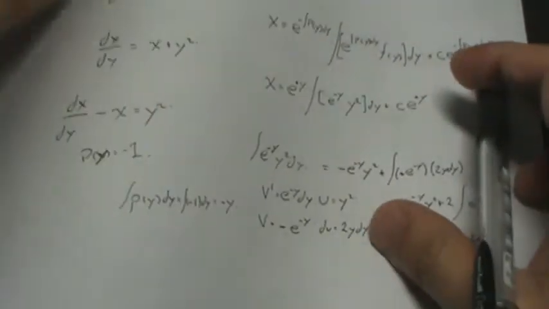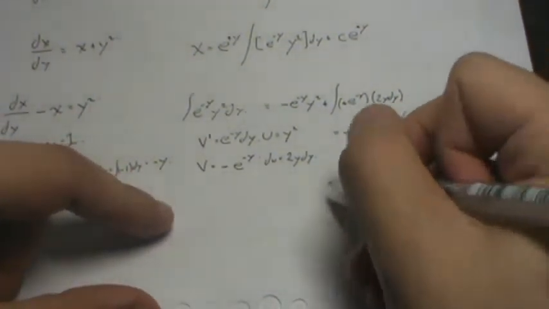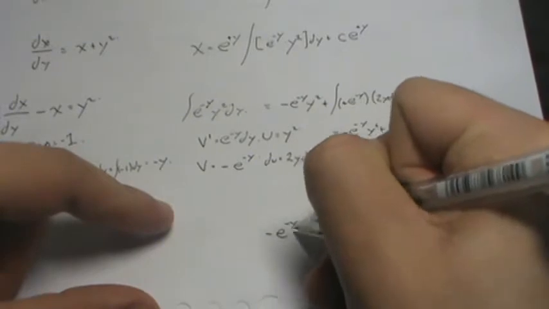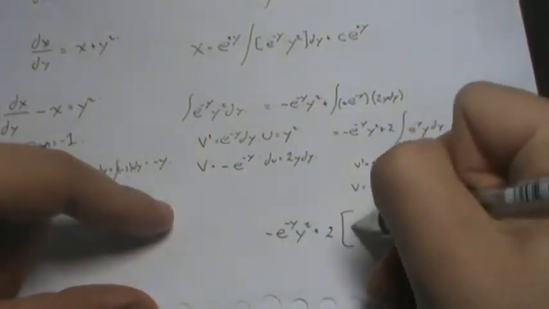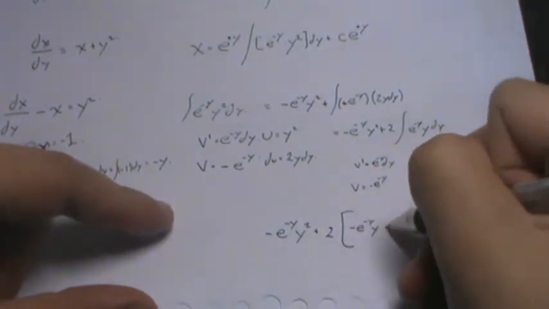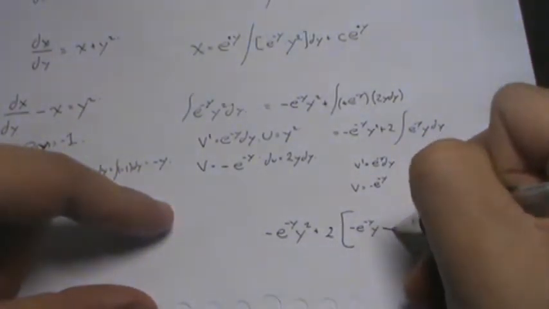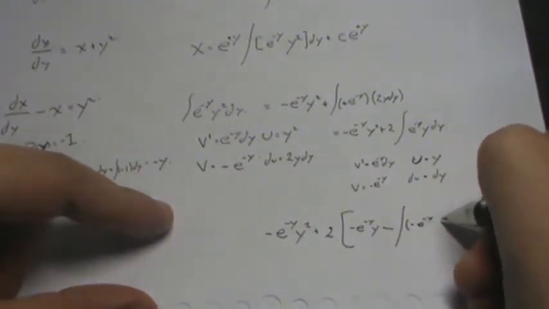So now let's solve for this. We have minus e to the minus y times y squared plus 2 times these two, minus e to the minus y times y, minus the integral of minus e to the minus y dy.